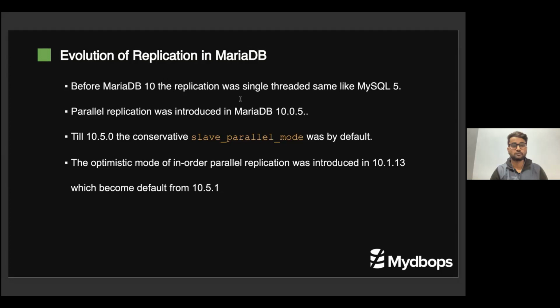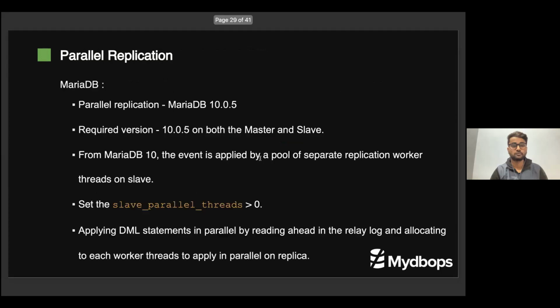In this way they have changed the parallel modes and replication types. It was introduced in 10.0.5, and it requires both master and slave to be version 10.0.5 or higher.